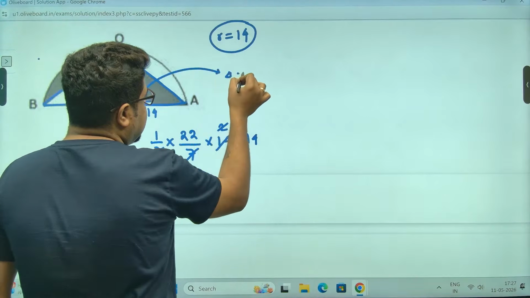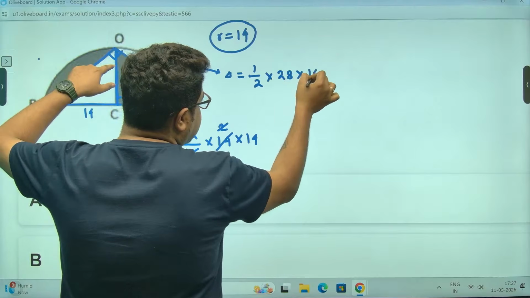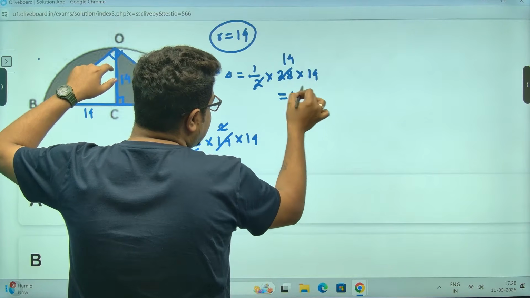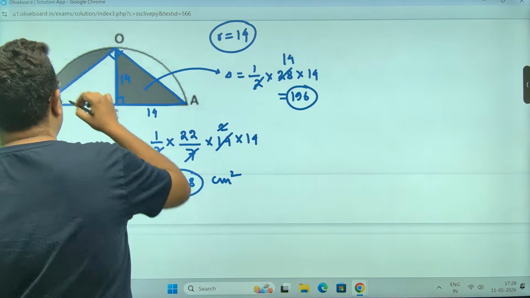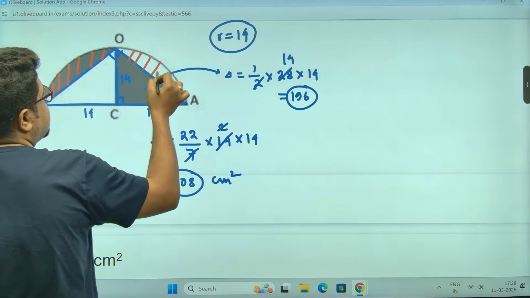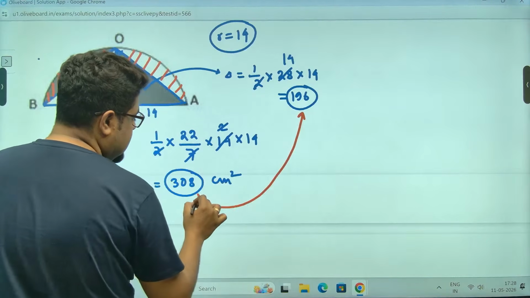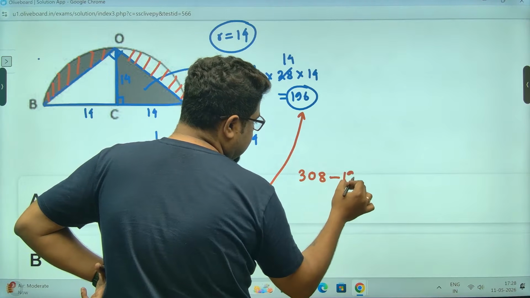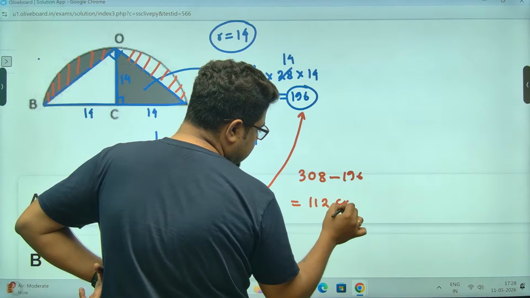Area of the triangle is half into base into height, half into 28 into 14, which is 196. So the area of these two shaded regions will be 308 minus 196, which is 112 centimeter square.